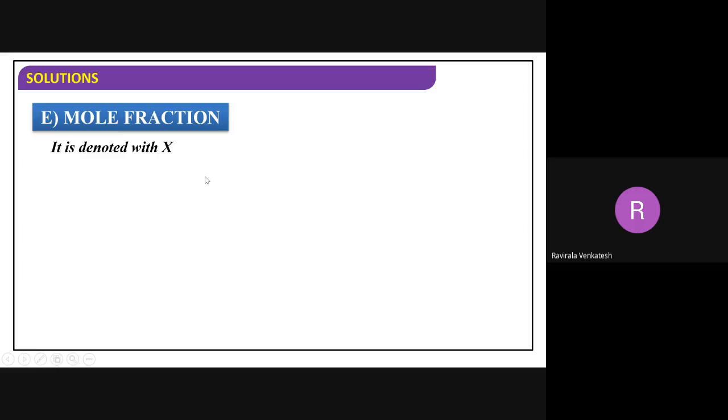It is denoted by x, like this. Now, what is the definition here? Very simple. How many moles of solute are present in the number of moles of solution.